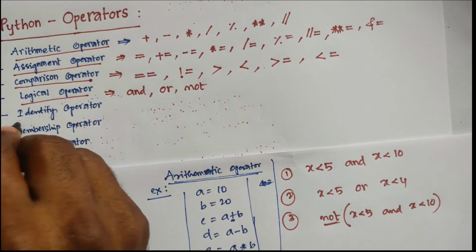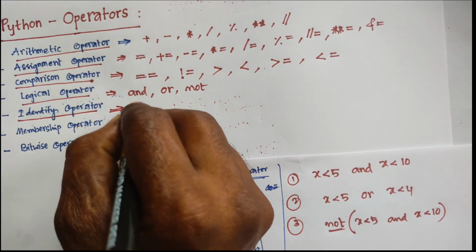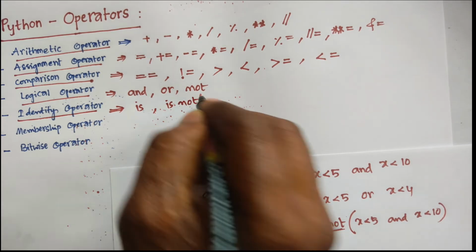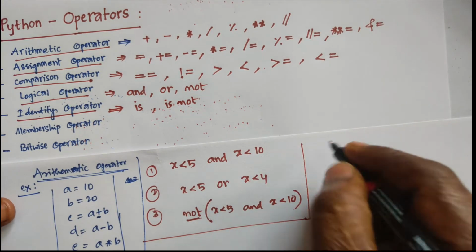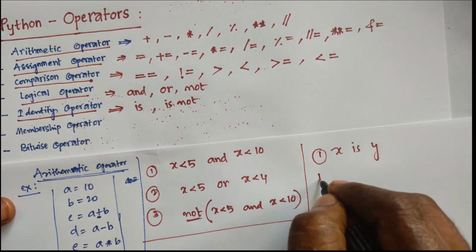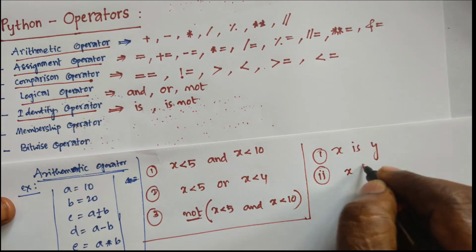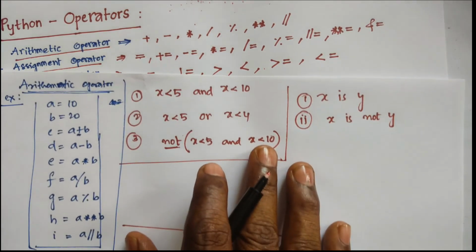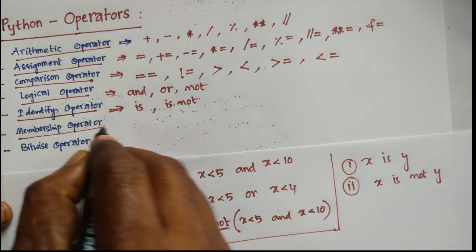Next one is identity operator. Identity operators are is and is not. Examples for is and is not: generally x is y, that is one type of identity operation. Second one is x is not y, like that you can represent this. Next one is membership operators.